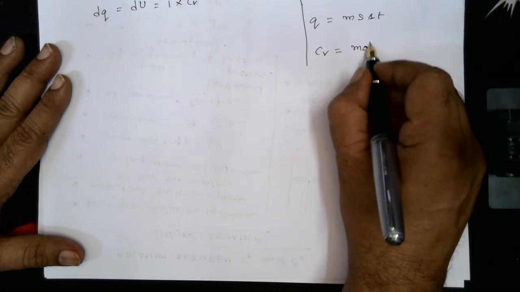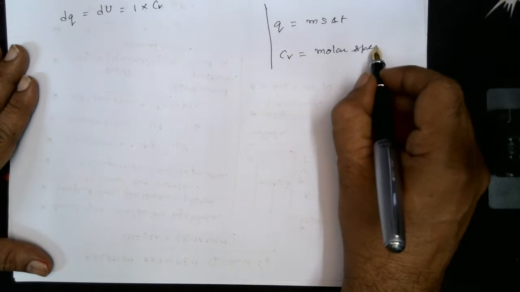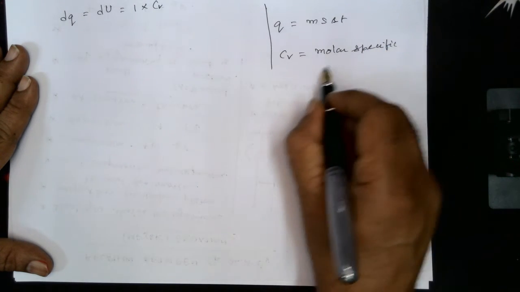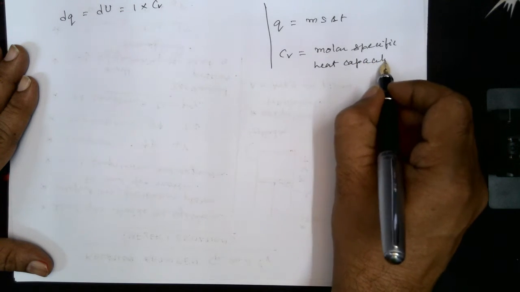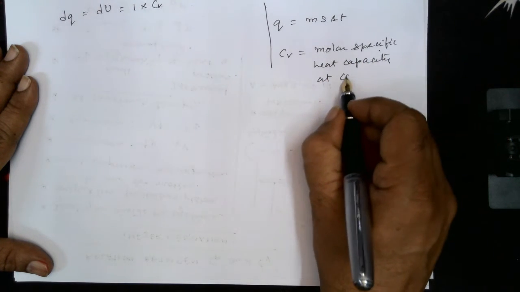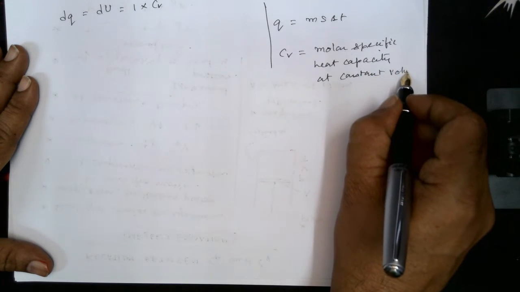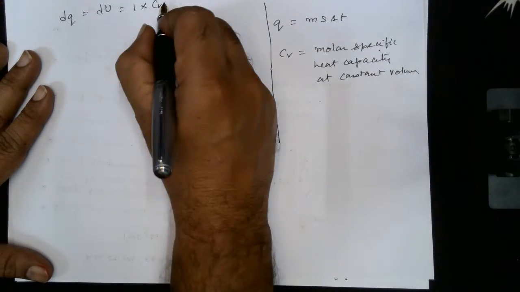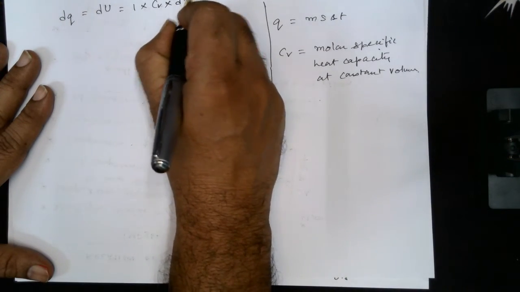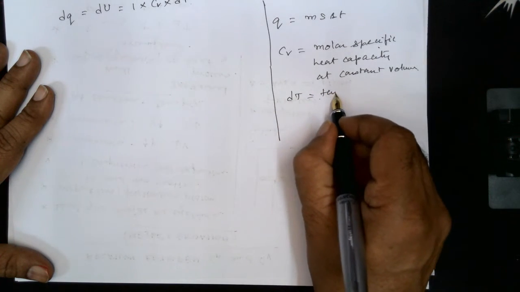Molar specific heat capacity at constant volume, into the small increase in temperature, dT, or you can call it temperature element also.